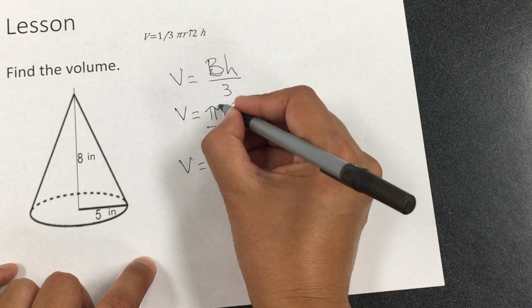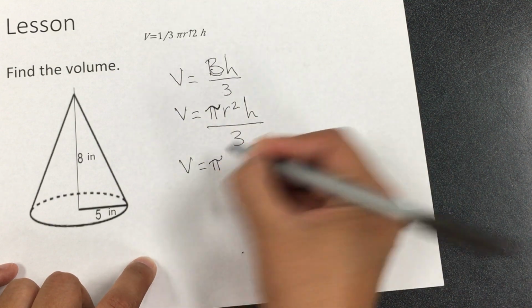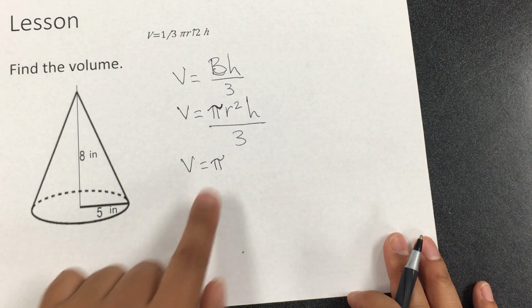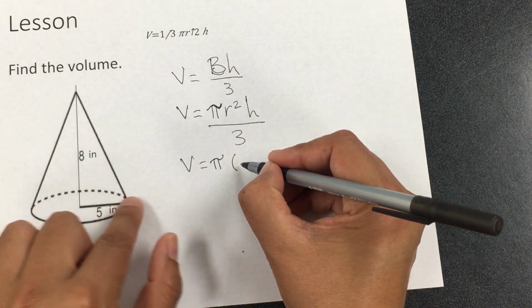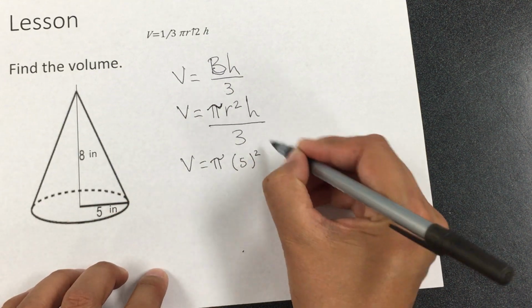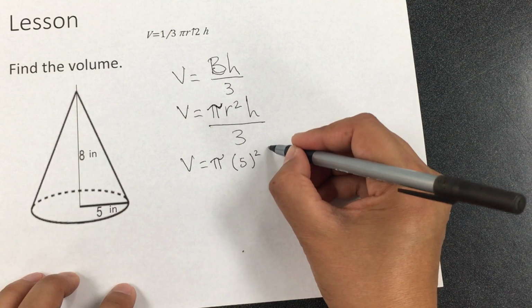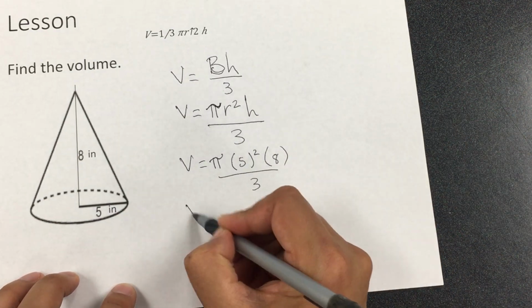Let me show you one that you leave in terms of pi. So what you do is just leave pi right there and replace everything. The radius in here, we don't have the diameter, it's already the radius, so it's going to be 5 squared times height is 8 divided by 3.